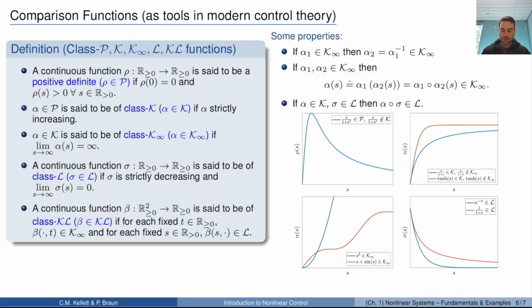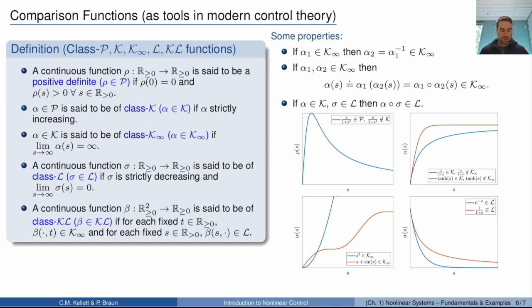So you can invert these functions and then, for example, rescale time through that inversion. And the inversion also preserves properties: if you take the inverse of a K infinity function, that's again a K infinity function.